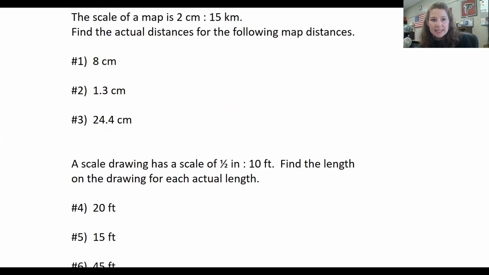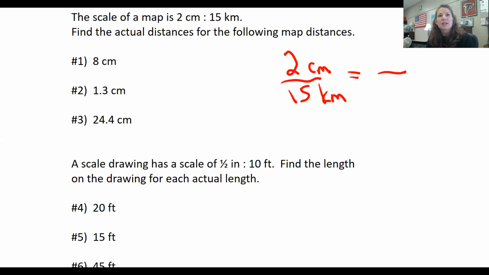It says the scale of a map is 2 centimeters to 15 kilometers. Find the actual distances. Our first ratio is going to stay the same for all of them. If these are all centimeters, they're going to go on the top of the second ratio. And we're figuring out what our kilometers are.